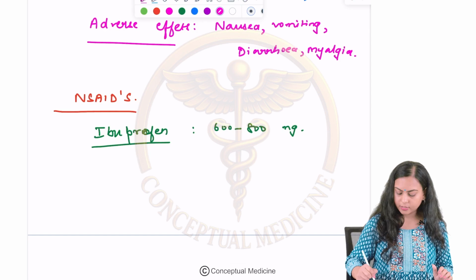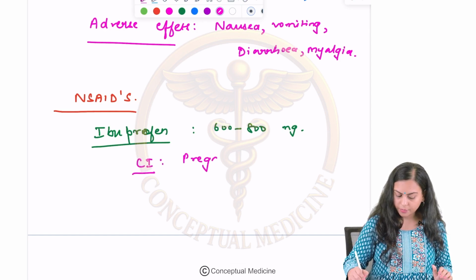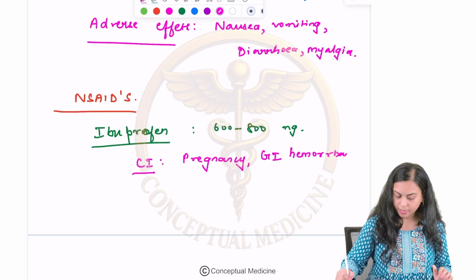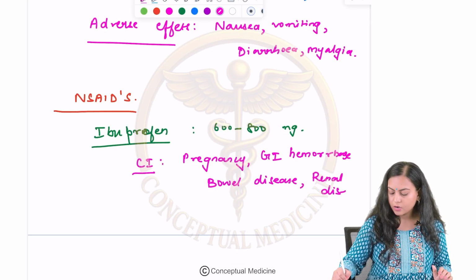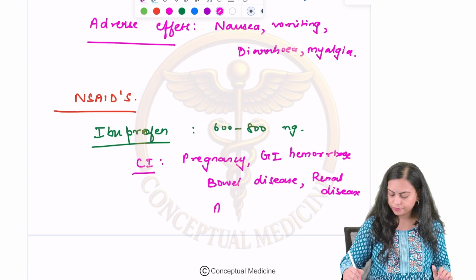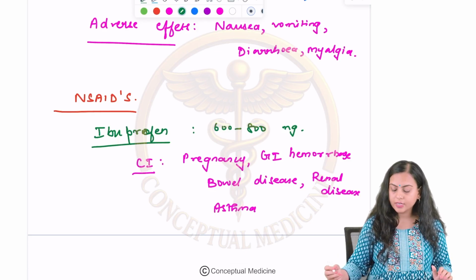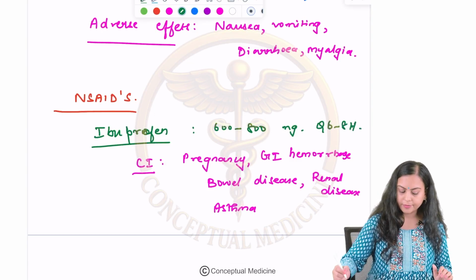Okay, and this is contraindicated in pregnancy, when there is a history of gastrointestinal hemorrhage, bowel disease, renal disease, asthma, okay, and this drug is given every 6 to 8 hourly.